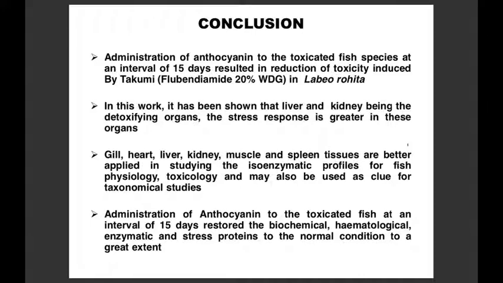Gill, liver, heart, kidney, muscle, and spleen tissues are better applied in studying the isoenzymatic profiles for fish physiology and toxicology, and may also be used as a clue for toxicological studies. We also see that the biochemical, hematological, enzymatic, and stress protein parameters returned to the normal condition to a great extent after administration of anthocyanin. And what is the future scope?